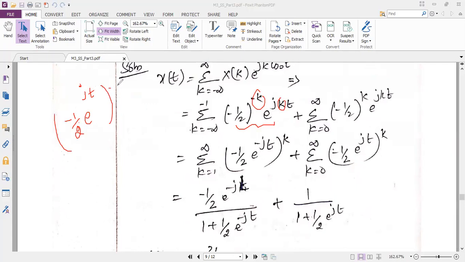If I take the whole power minus k, then I need to include a minus sign here: minus 1 by 2 e power minus j t the whole power minus k. Now is it correct? Have I taken the power properly, such that if I combine it I get back the same terms? Am I right here?